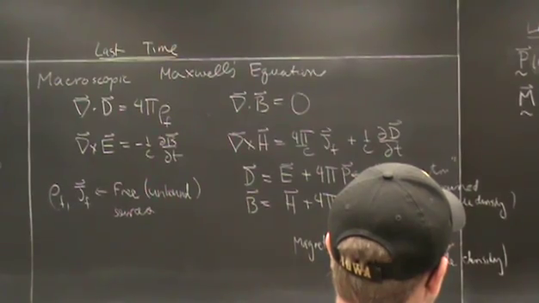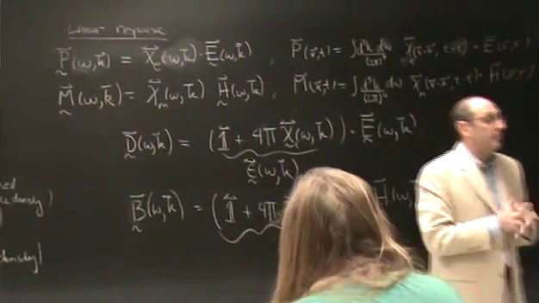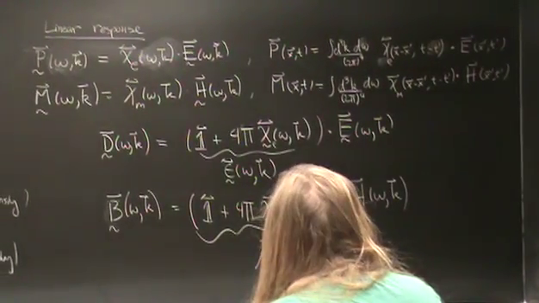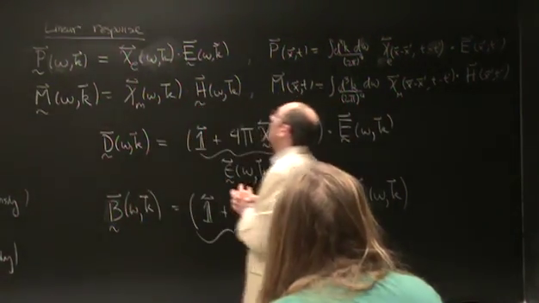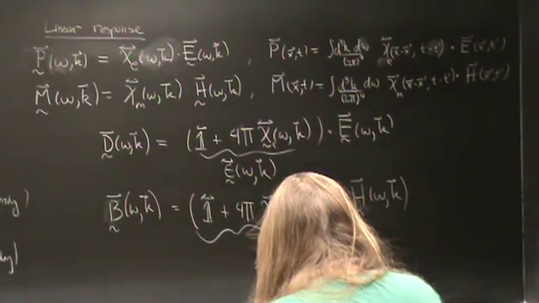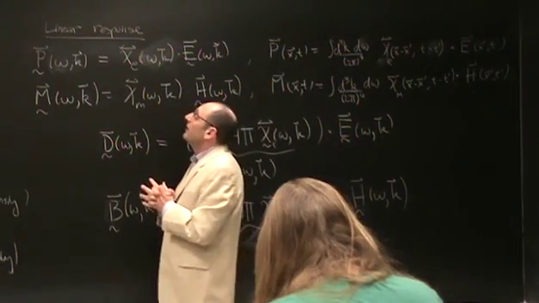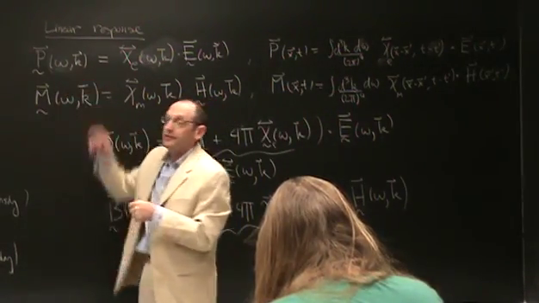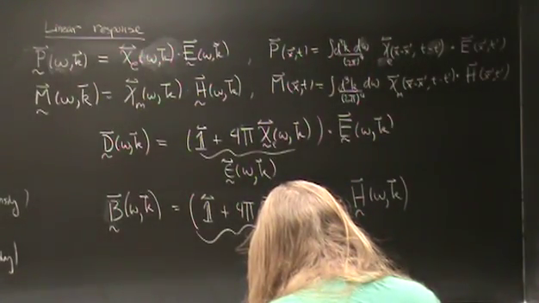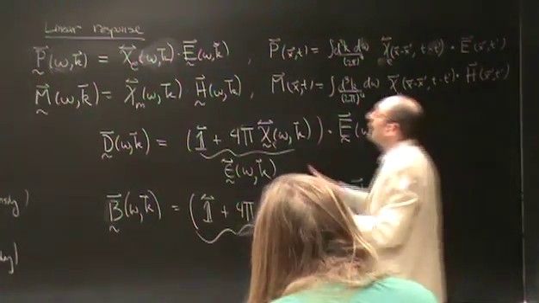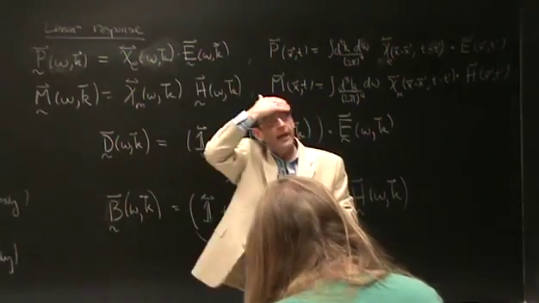To lowest approximation, which is often an excellent approximation, that response is linear, meaning that the induced polarization and magnetization are linearly proportional to the amplitude of the applied field. And that amount will generally depend on the temporal and spatial frequency of the applied field. So those proportionality relations in linear response theory are written in the Fourier domain.